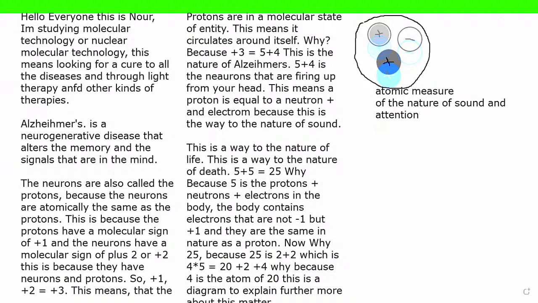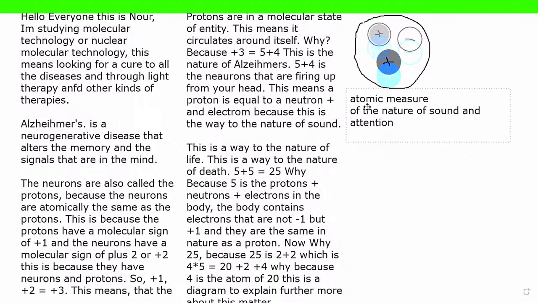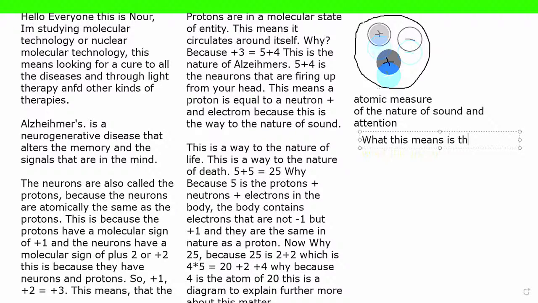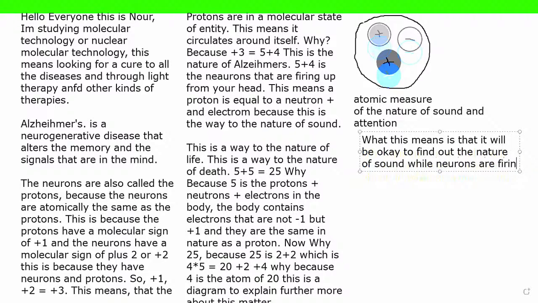What this means, let me place it here. What this means is that it will be okay to find out the nature of sound while neurons are firing up, and while electrons are firing down.